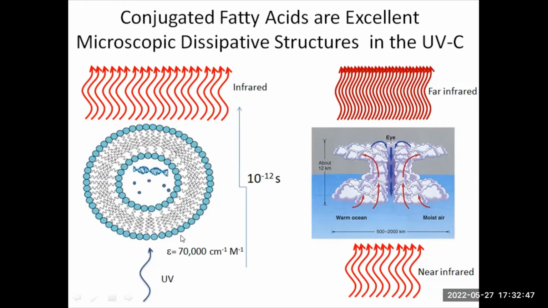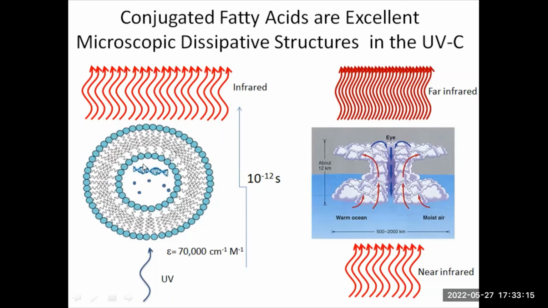Because for DNA, I think we're around 15,000 instead of 70,000. So maybe even as high as 5 times as much as DNA. I initially thought that DNA was the greatest absorbing organic molecule in this wavelength range, but it turns out these fatty acids have even greater.